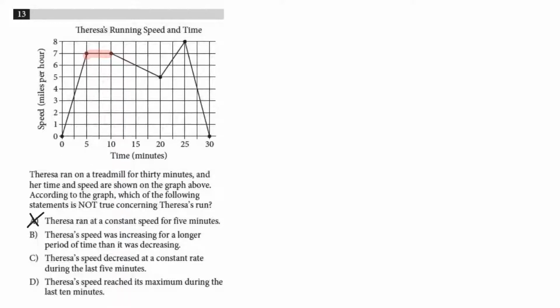Okay, so it was increasing over this period. Actually, maybe we just do that in blue. We're looking at a different aspect here. So it was increasing for 5 minutes, and then it was increasing on this interval as well, and that was another 5 minutes. So it was increasing for a total of 10 minutes.